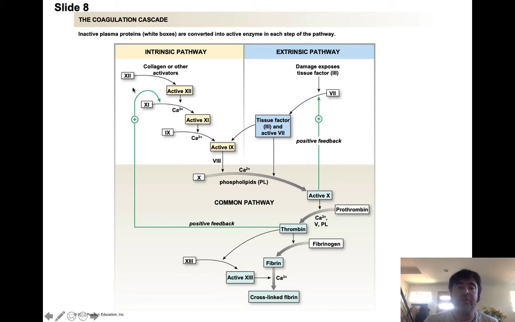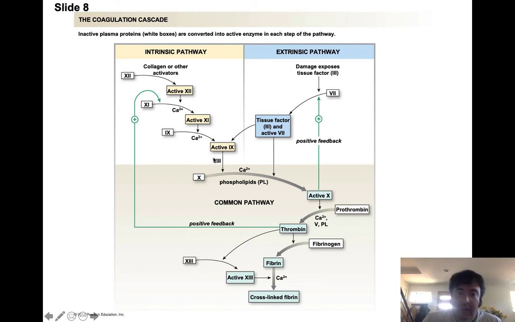So we have the intrinsic pathway: essentially internal damage to a blood vessel wall leads to collagen fibers being exposed, platelets latch, and they release procoagulation factors. Those factors activate clotting factor 12, so it converts clotting factor 12 into active clotting factor 12, which then converts clotting factor 11 into active clotting factor 11, which converts clotting factor 9 into active clotting factor 9.